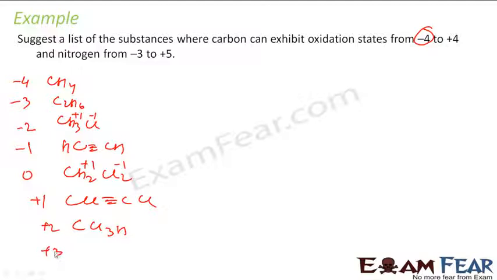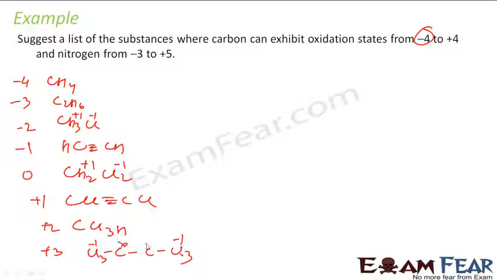If you want plus 3, I can make something like CCl3, CCl3. Each chlorine is minus 1, so minus 6 total.